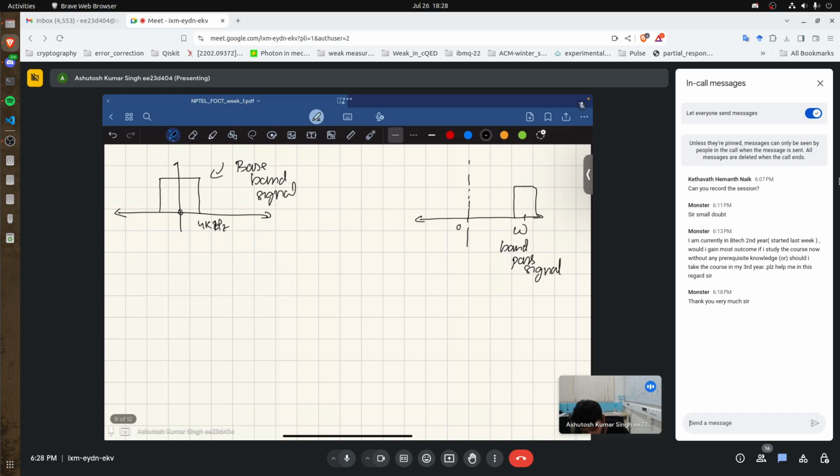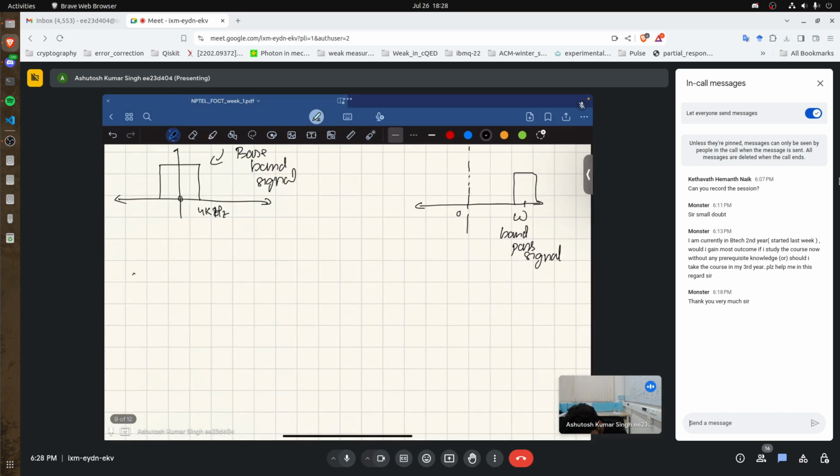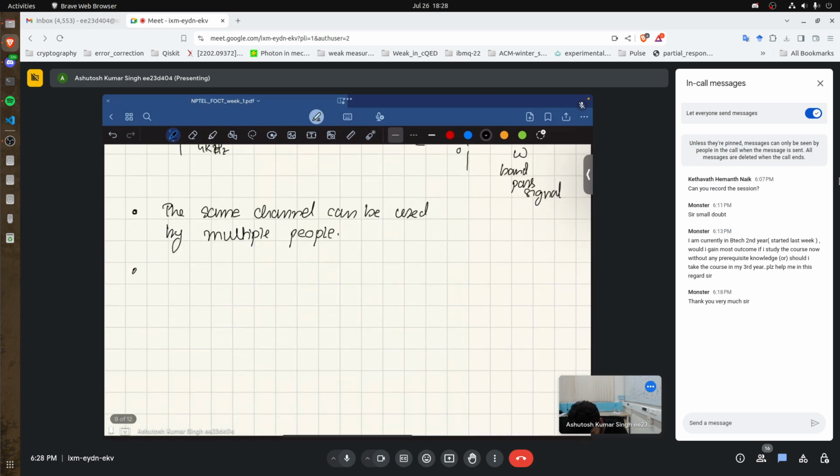Okay. Now what is the benefit of doing this? The benefit is that the same channel can be used by multiple people. Another benefit is noise resilience. Now this might be slightly tricky to think about, but light is actually oscillating very fast.